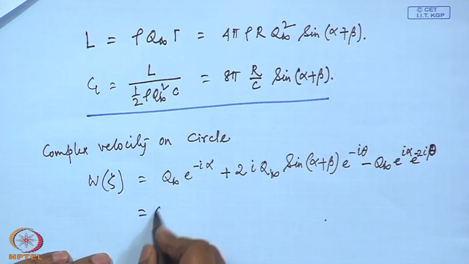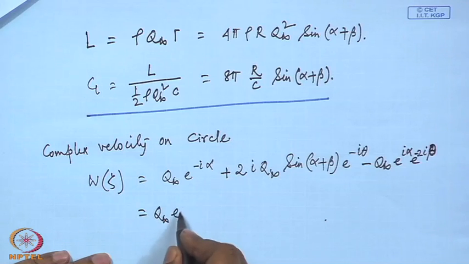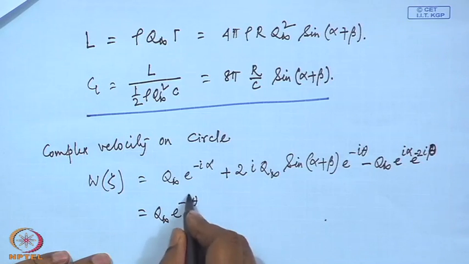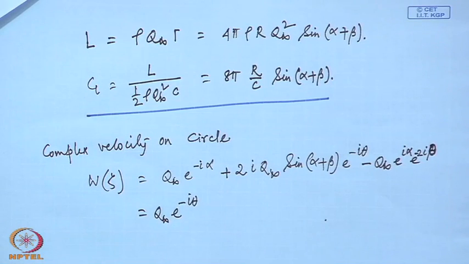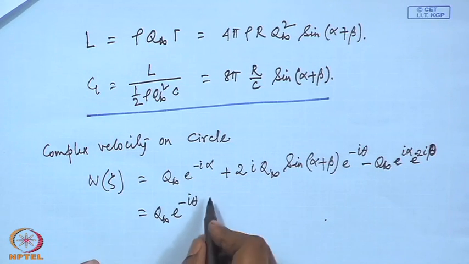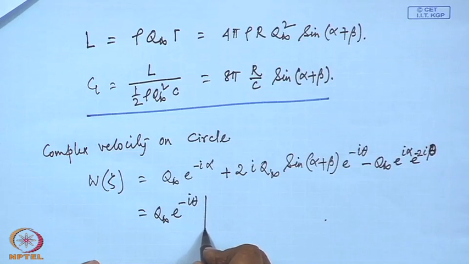Let us take out this q infinity e to the power minus I theta. Then the first term becomes what?